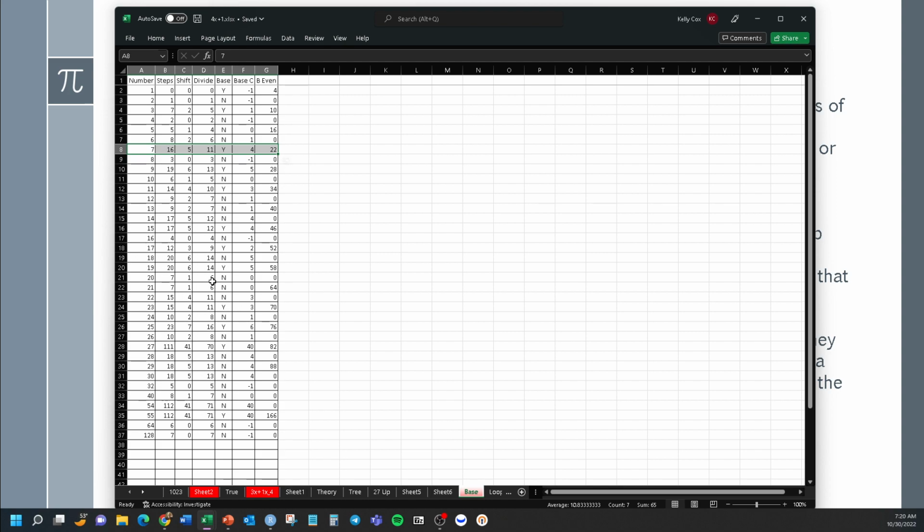So these appear to have the same calculations. They're both shifted over 1, but we're shifting from 5 and 21, so we're shifting at different numbers.